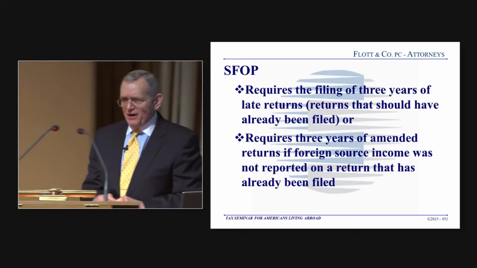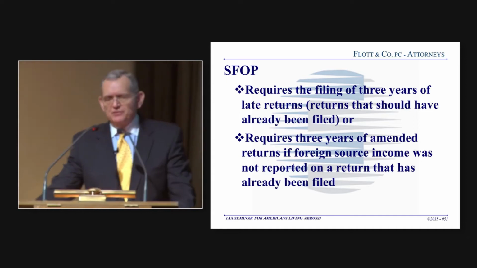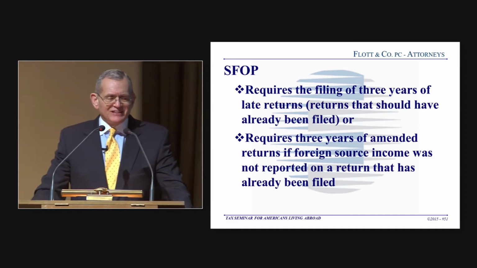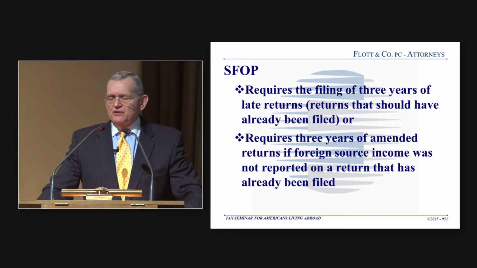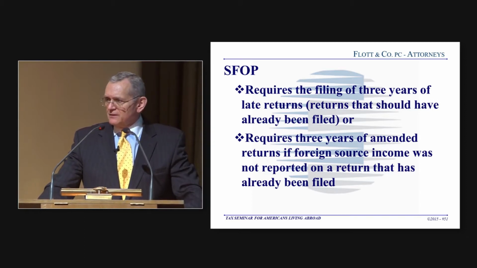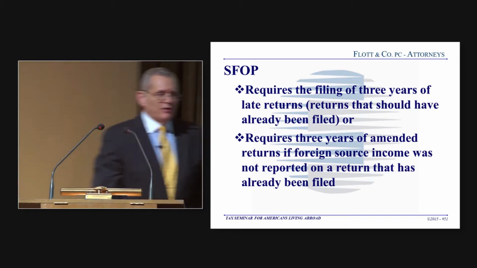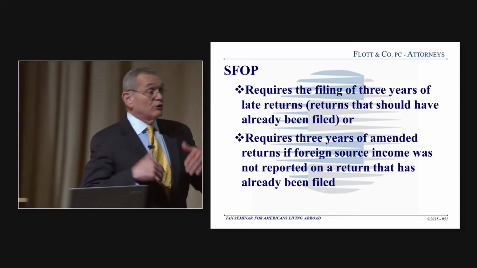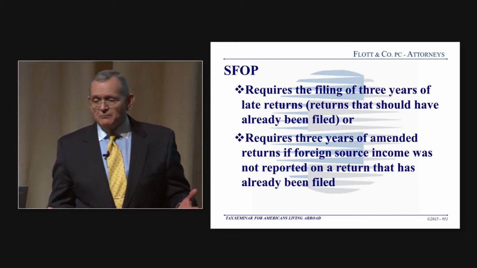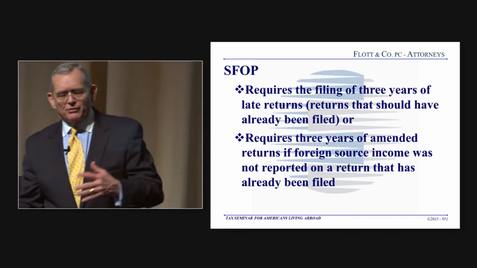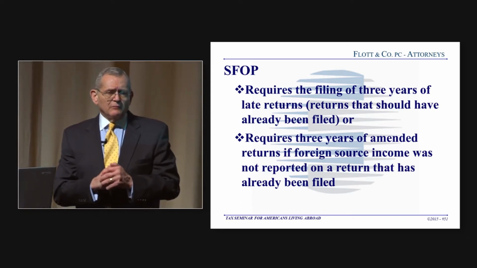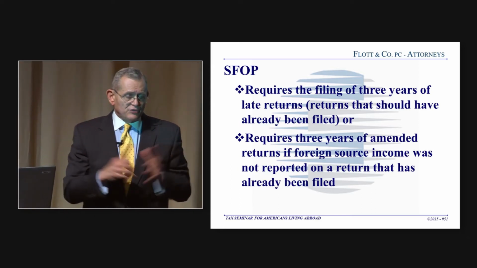It also requires 3 years of amended returns if foreign source income was not reported on a return that has already been filed. So if you filed a U.S. tax return and you haven't included your Greek source income or your French source income or your Italian source income, you only reported your U.S. source income, then you would file 3 years of amended returns to report your foreign source income.